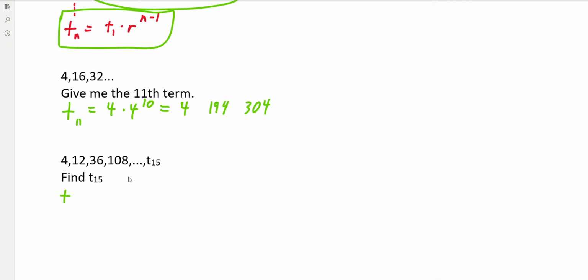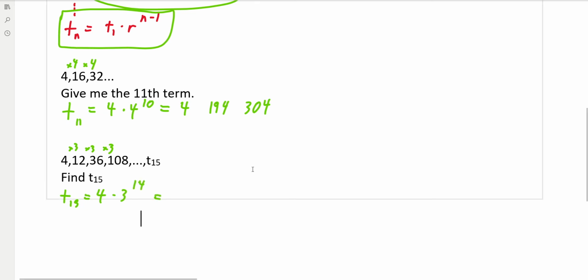So T15 equals 4, and then everything inside is times 3, times 3, times 3, whereas before we had times 4, times 4, times 4, right? So this would be times 3 to the n minus 1, so 15 minus 1 is 14.